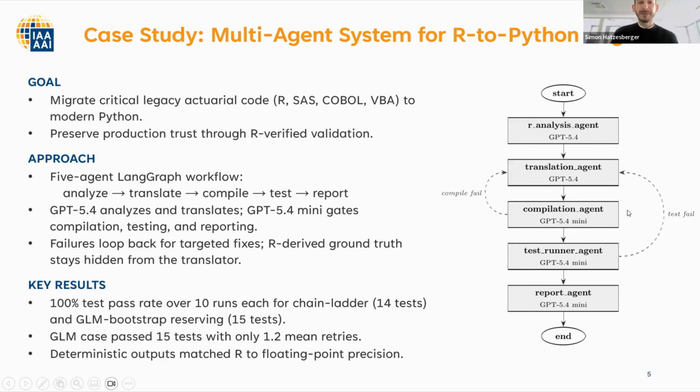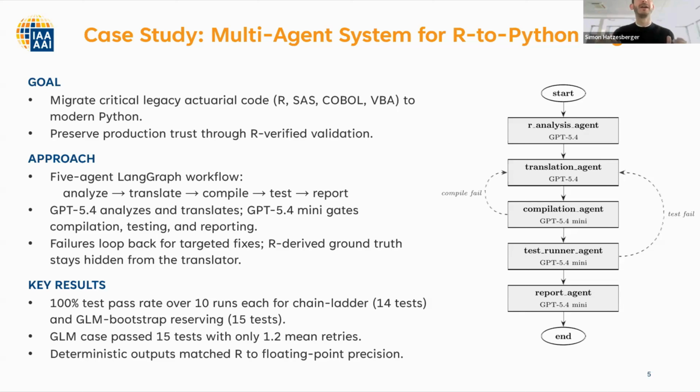It's a multi-agent system, so you can have connections between the different agents. It's not just purely sequential, but in case that one agent fails, for example, the compilation agent or the test runner agent, then we will have a feedback loop. The test runner agent might say, okay, you passed the first 4 tests, but in test 5, I got an error.